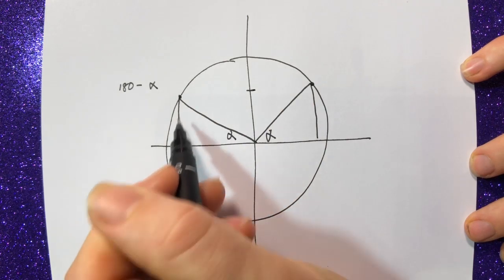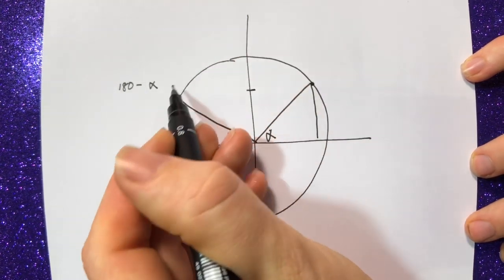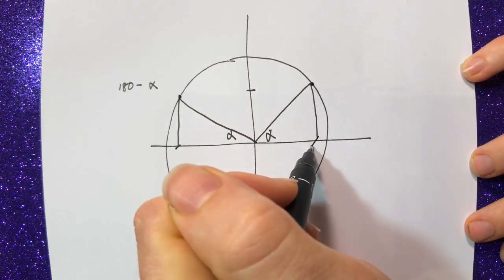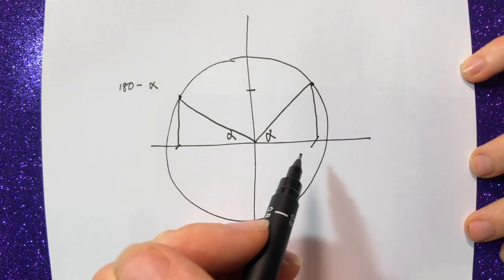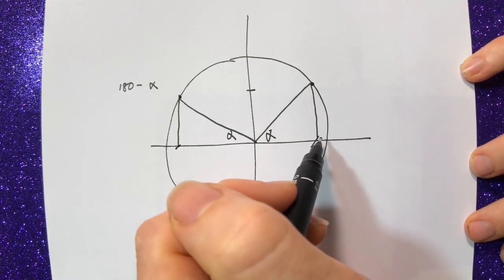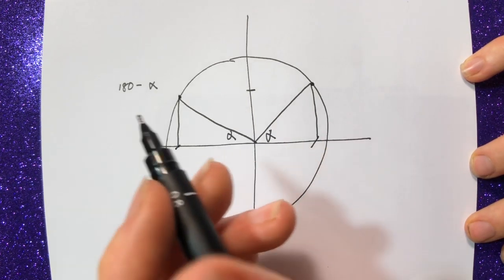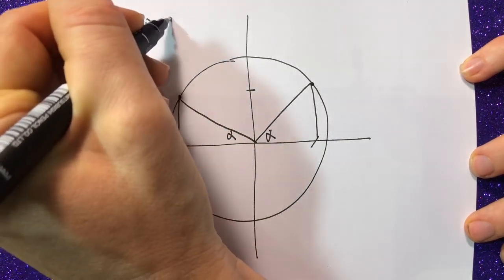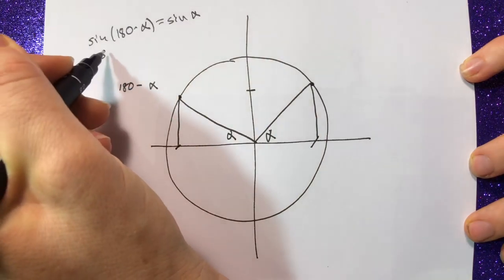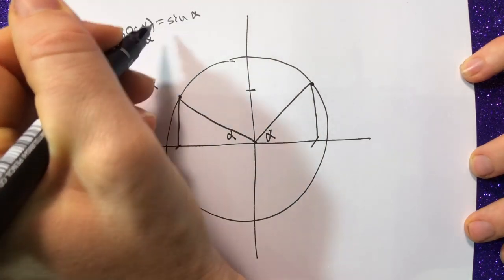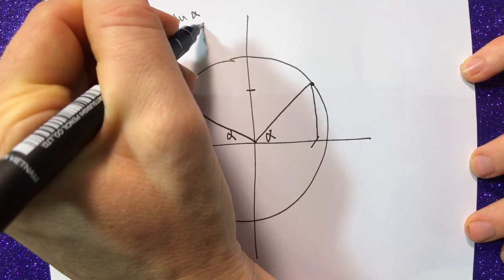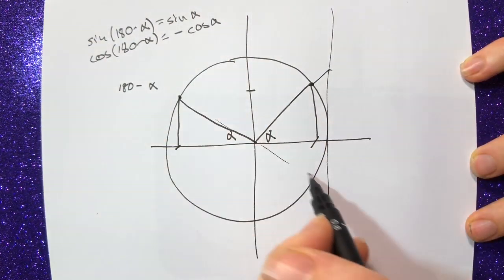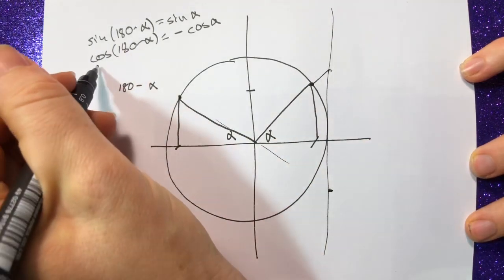Yet the cos of alpha was this value, so they are negatives of each other. This is the negative cos of alpha. So sine of 180 minus alpha equals sine alpha. Cos of 180 minus alpha equals the negative of cos of whatever alpha was. The tan value also went the negative of the first one.